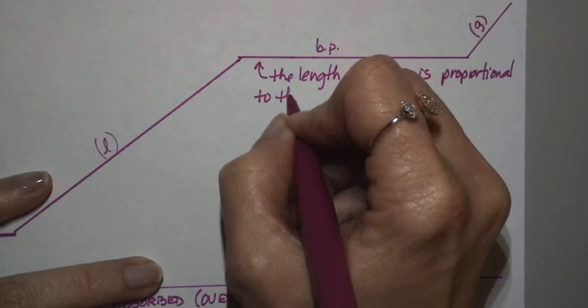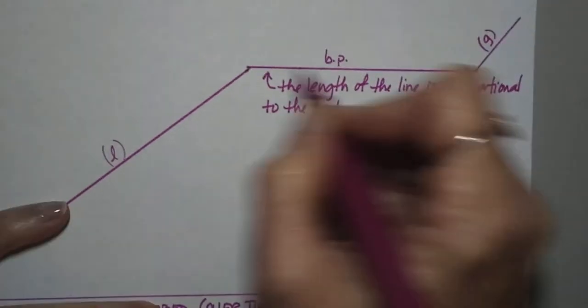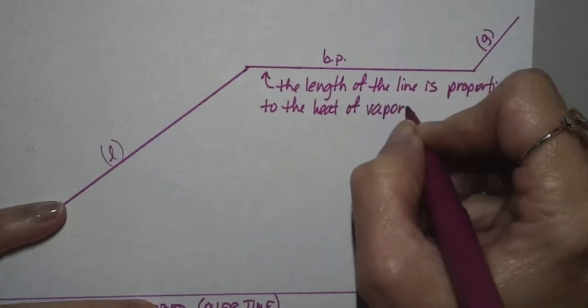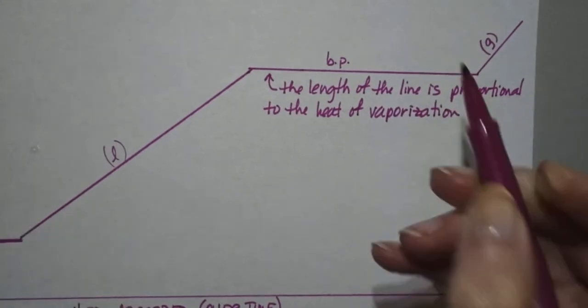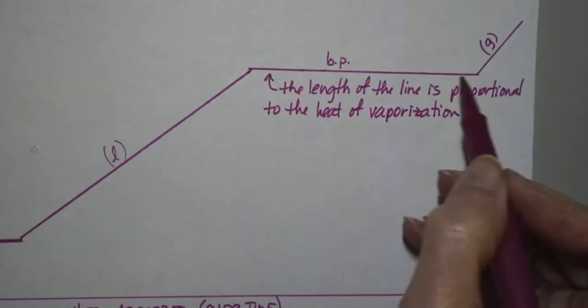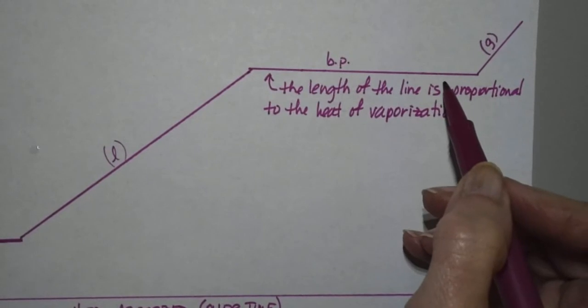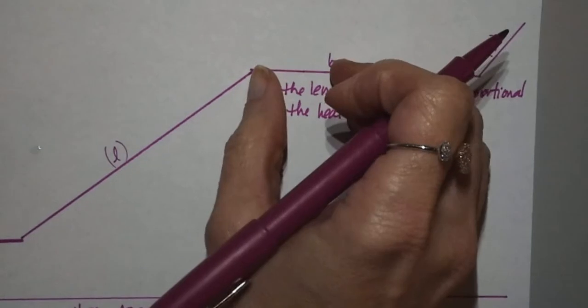So different substances are going to have different lengths of lines here. How much energy does it take to change it to a gas? The longer this line is, the more energy it takes. What that means is if it takes more energy to change it to a gas, there are more IMFs. If it's a short line, it means there weren't many IMFs there. It was easy to change it to a gas. Hardly any energy at all was taken.